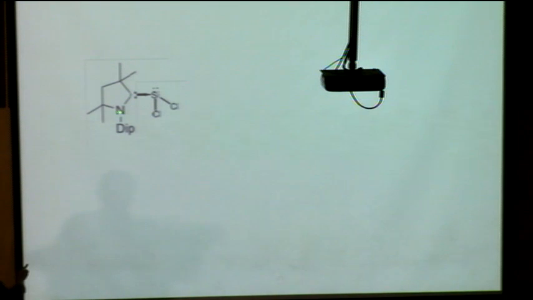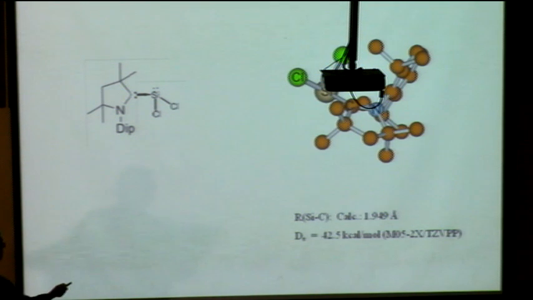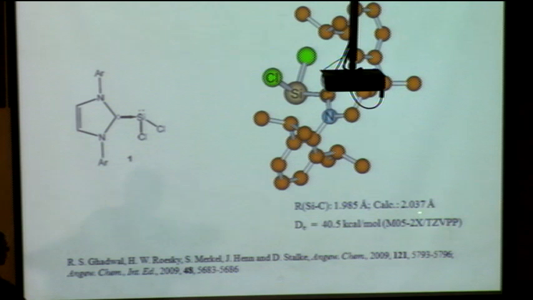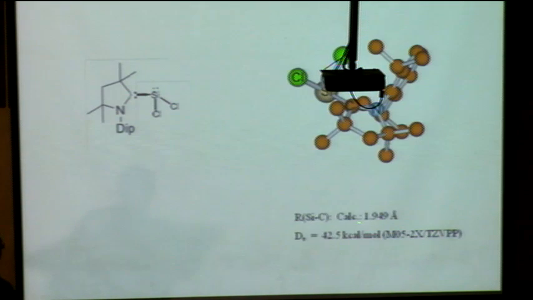Because there's only one nitrogen, it's a stronger pi acceptor, therefore it binds stronger, and therefore this should even have a stronger bond. And indeed, we calculated and found that this bond is indeed now shorter than the one before, 2.037. It should be 1.949, and the bond should be stronger, 42 kcal per mole.